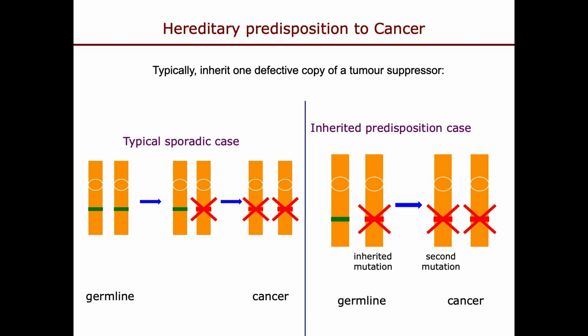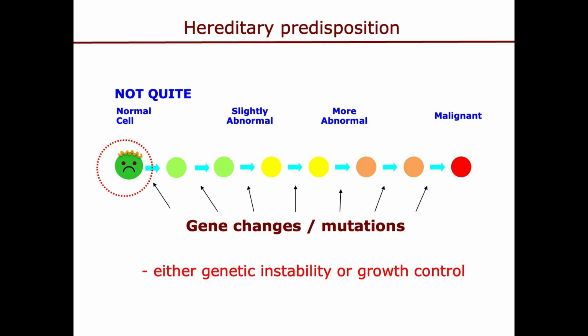The mutations that occur in hereditary cancer, or give rise to hereditary cancer, can be either genetic instability mutations or they can be growth control mutations. So, for example, the mutations that we think of as the hereditary breast cancer mutations, the two famous ones in the genes BRCA1 and BRCA2, are both DNA repair components.